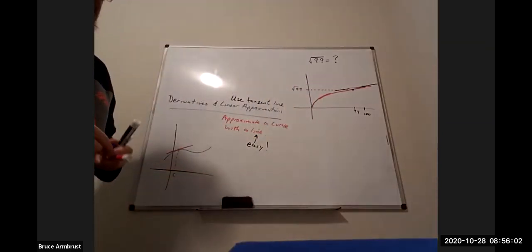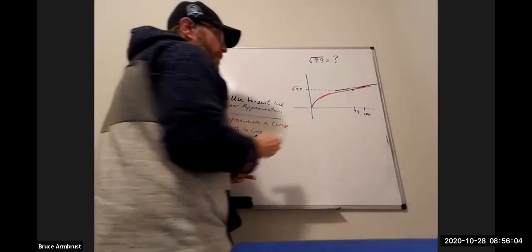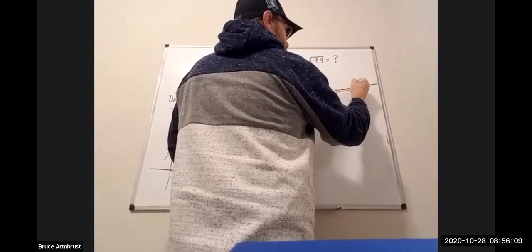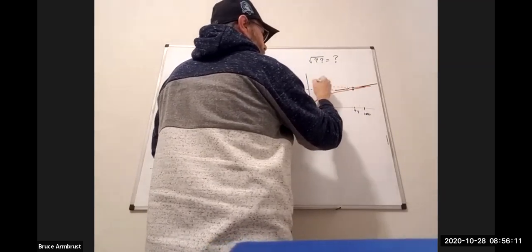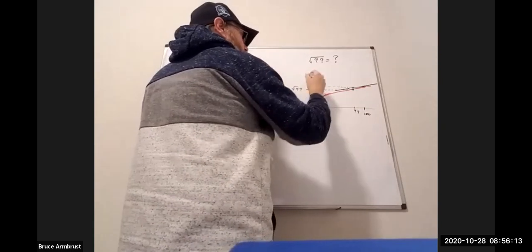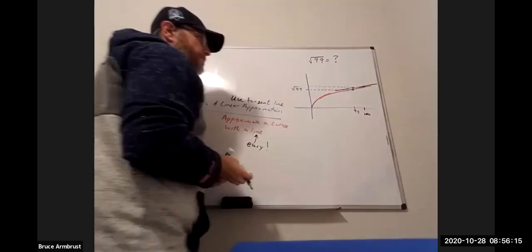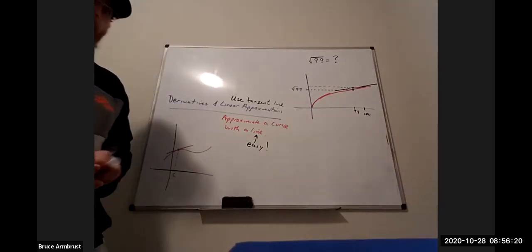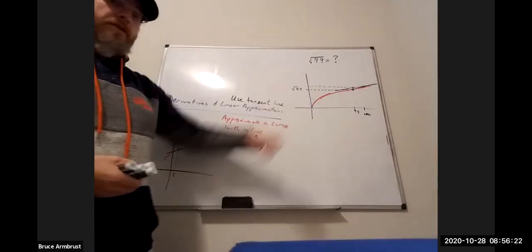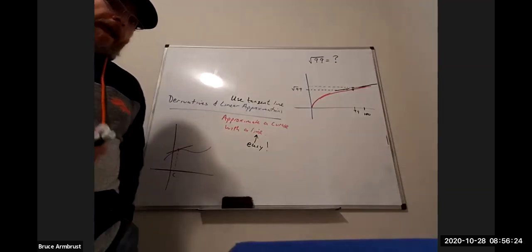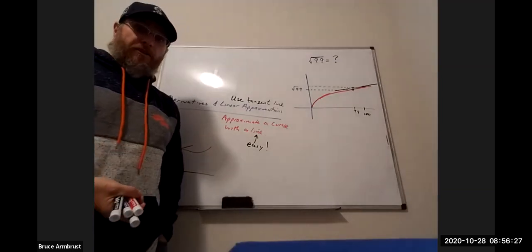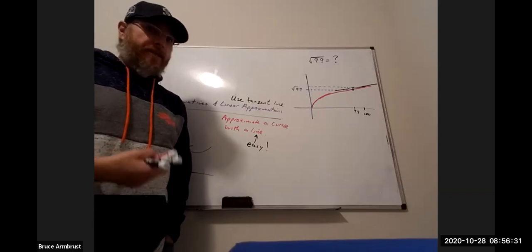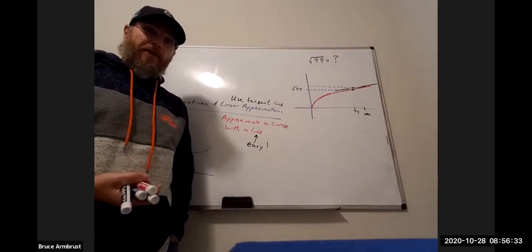But instead of getting that value, we're going to use the line. And there's a green dot on this line. And that green dot, if we can get its y value, is going to be close to the square root of 99. And that y value is going to be a lot easier to find because it's a line, right? Lines are easy. We can plug anything into a line and actually get its equation.